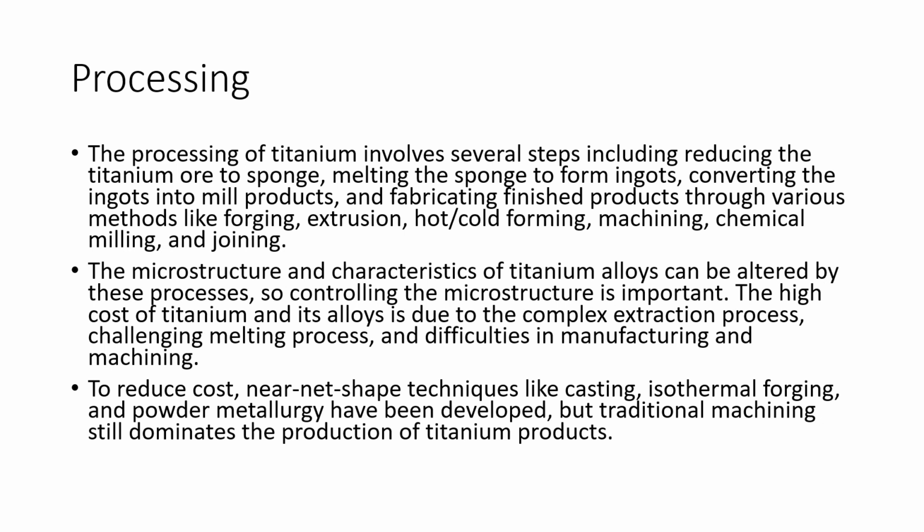Then we go further about processing. How to process the titanium. The process of titanium involves several steps, including reducing the titanium ore to sponge, then melting the sponge to form ingots, converting the ingots into mill products, and fabricating finished products through various methods like forging, extrusion, hot or cold forming, machining, chemical milling, and joining.